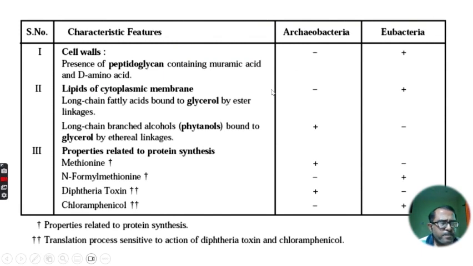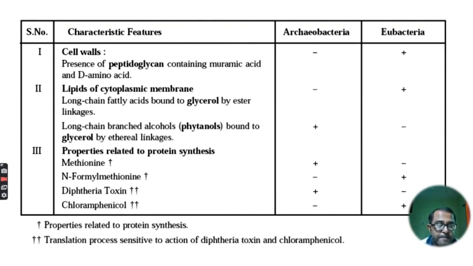Now you can easily differentiate between Archaebacteria and Eubacteria. There is a difference in the cell wall of the bacteria. In case of Archaebacteria, the peptidoglycan, which is the major component of the cell wall of Eubacteria, is totally absent.